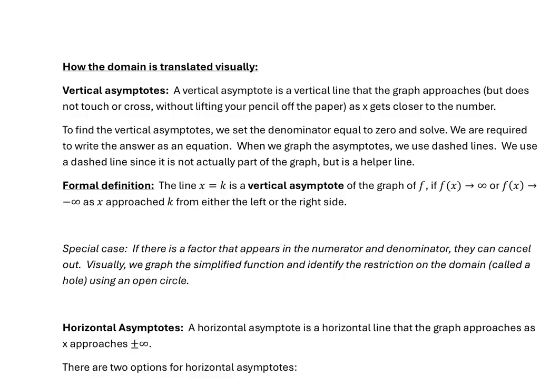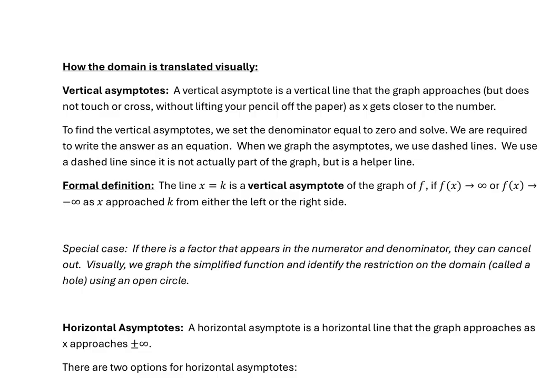All right, so now let's get into the new material. The main thing that we're going to be adding into our repertoire for this particular course is graphing rational functions. And so we're going to start with our domain, and we want to know how is the domain translated visually.